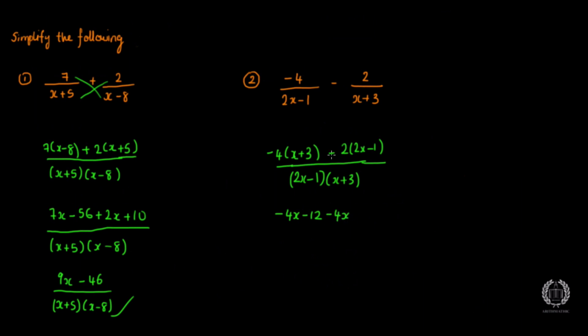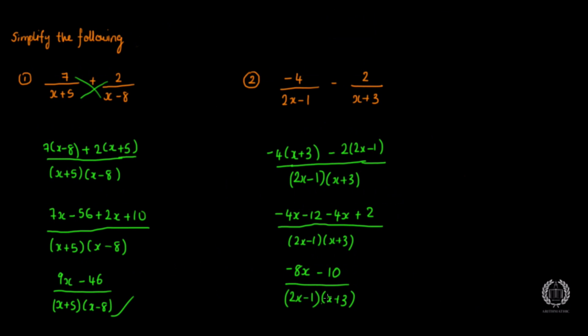Again, you times it with the minus as part of this too, and then minus 2 times minus 1 is plus 2 over 2x minus 1 and then x plus 3. And if we simplify this, minus 4x and minus 4x gives us minus 8x, and then minus 12 plus 2 gives us minus 10 over 2x minus 1 and then x plus 3.